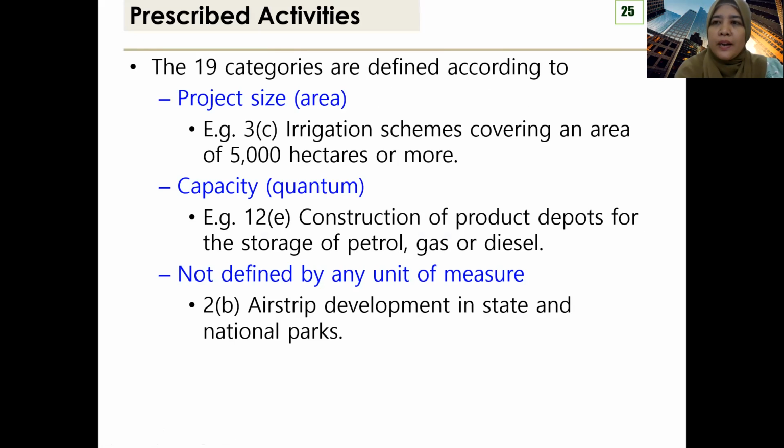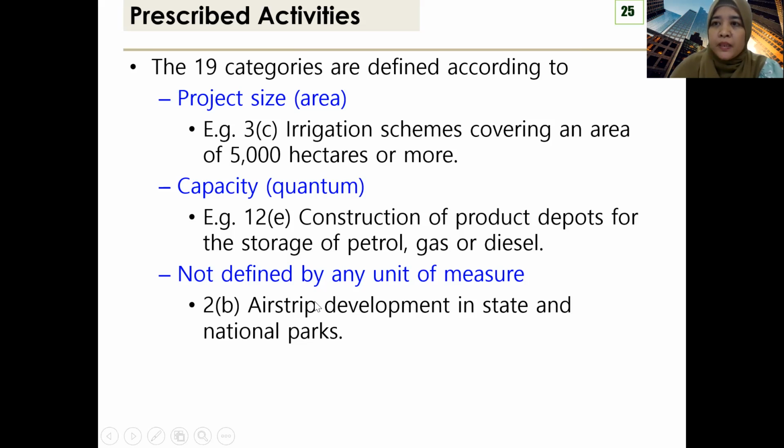And also the last one is certain projects. Certain activities you cannot capture by size because the impact will be too significant. You cannot say too big or too small. So you just say that any certain development must require EIA. So this is the example: airstrip development in state and national parks. So all airstrip development yang mana dijalankan di national park, di taman negara, di taman negeri, memerlukan EIA, because the national parks are protected jungle areas, protected areas.